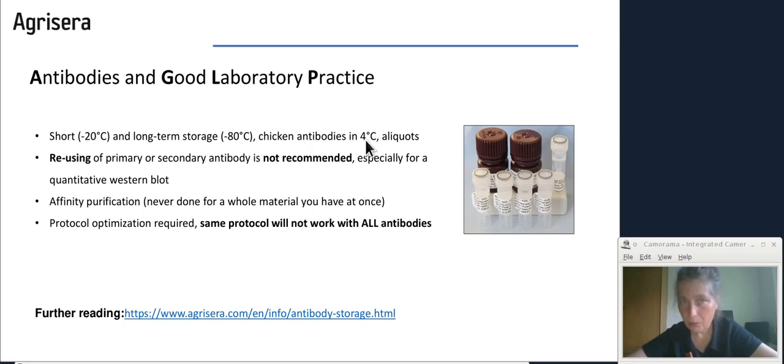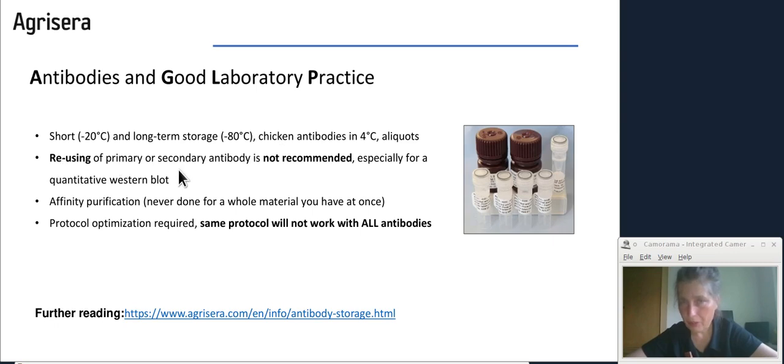Chicken antibodies we are storing for over 20 years at just 4 degrees with sodium azide, which is an inhibitor of bacterial growth. Also, some antibodies may not be suitable for delivery in dry ice because they can be inactivated by transport in dry ice.